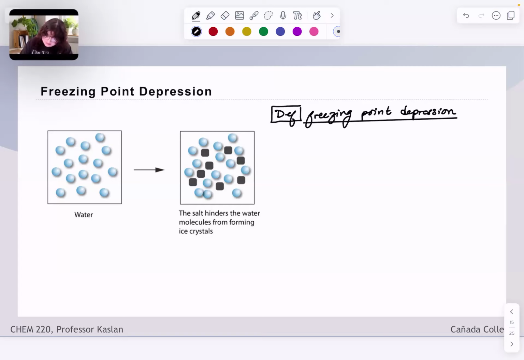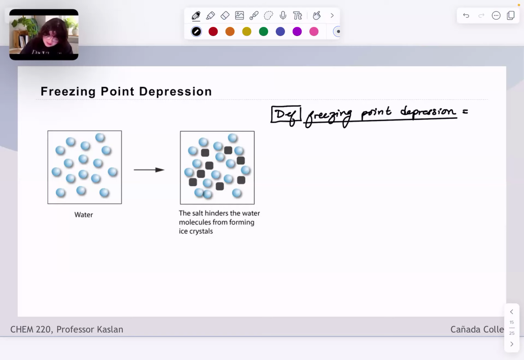So this has a very similar definition to what we've seen in our boiling point elevation and even in our Raoult's law, the idea that maybe a change in concentration affects some kind of proportional change in solution property. In this case, that solution property is the freezing point.